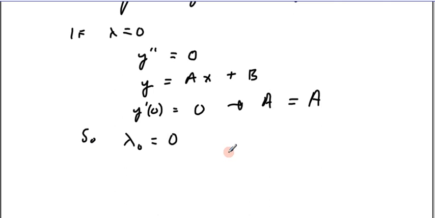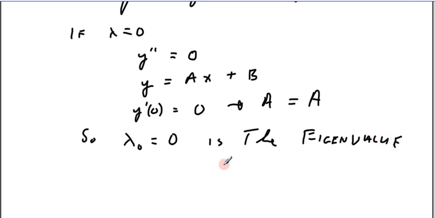Lambda 0, 0 by definition, is an eigenvalue, and what's the associated function?